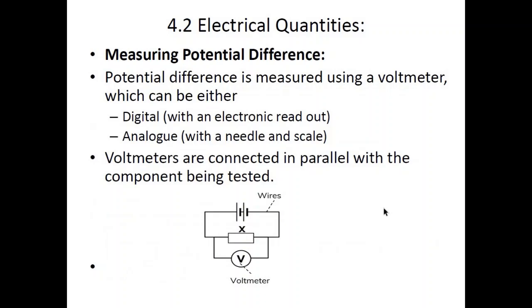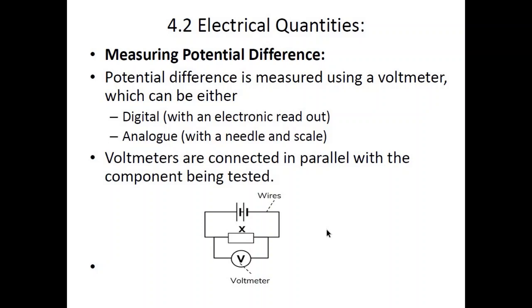Measuring potential difference. How can you measure potential difference across a component or across 2 points? It can be measured using a voltmeter that is connected in parallel across the component. Means if this is the component, then one wire of the voltmeter is connected to its one end and the other is connected to its other end. This is known as connecting something in parallel.